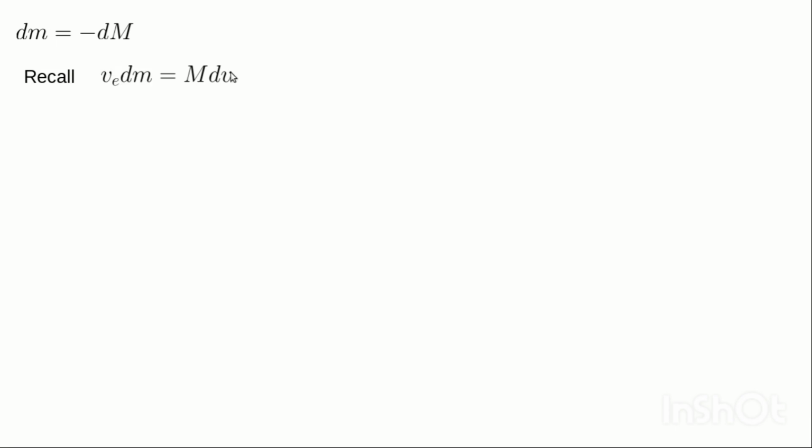So at this point, we can replace dM with capital letter dM. So we have M dv equal to minus ve dm. So we replace this one with minus dm. Now we just need this part and this part. So we have M dv equal to minus ve dm.